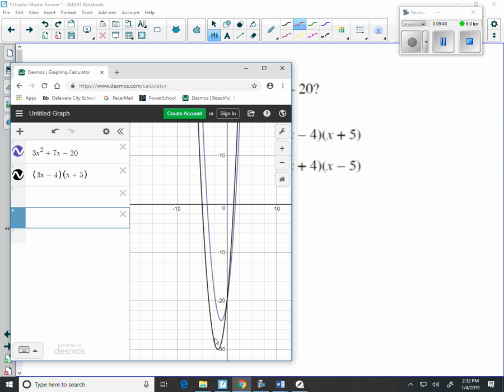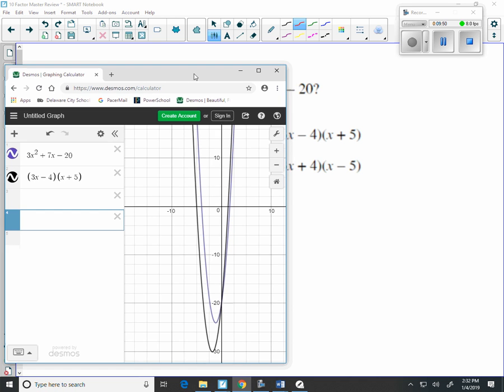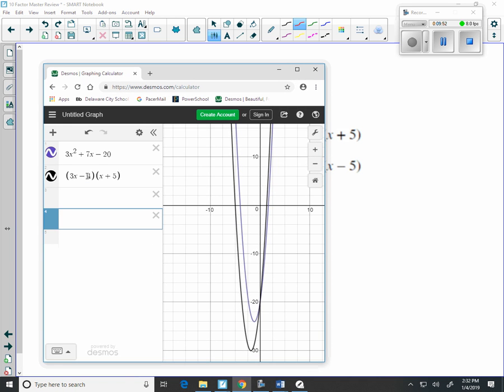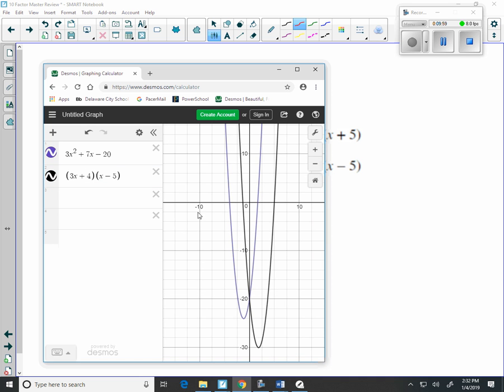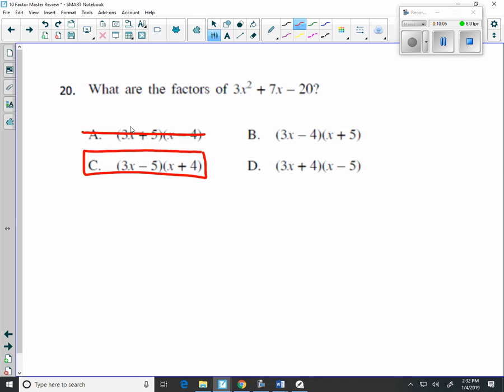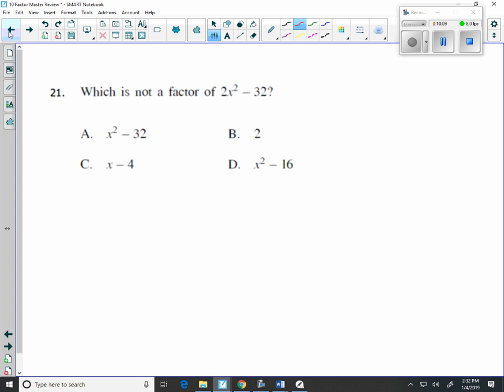That black parabola is too low. And then the last one, 3x plus 4 and x minus 5. And that one, that black parabola, is too low and too far to the right. That's number 20, all with Desmos on that multiple choice problem.